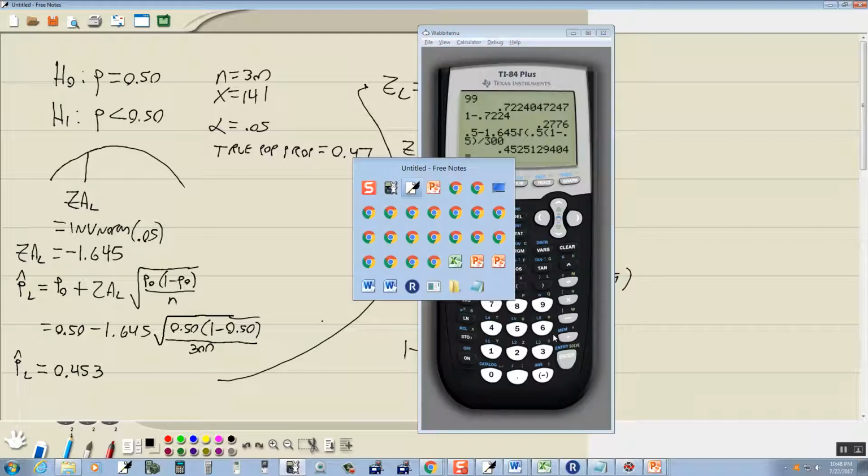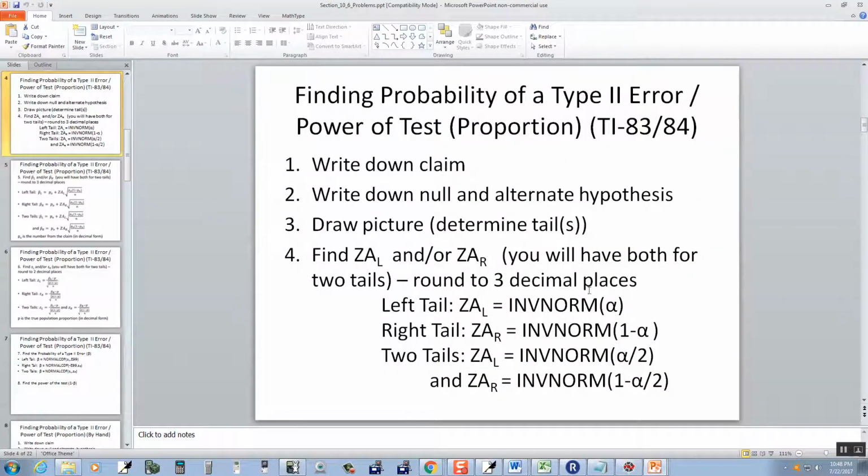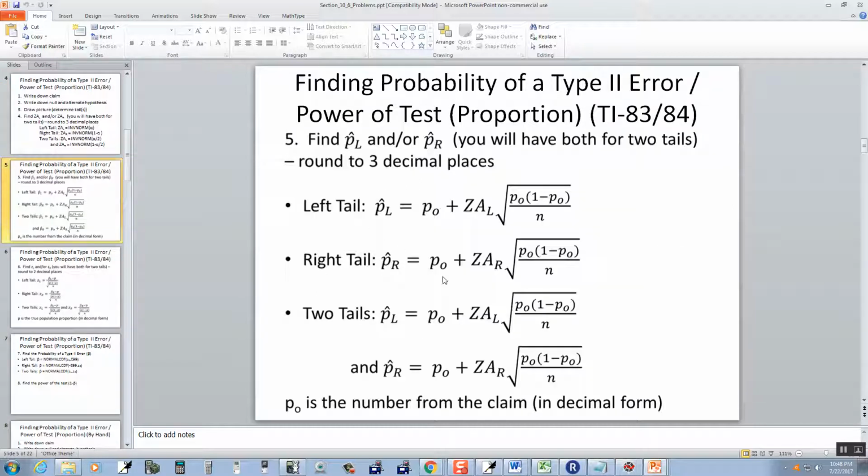That gives 0.453. Round to 3 decimal places? Yeah, 3 decimal places. P naught is the number in the claim.